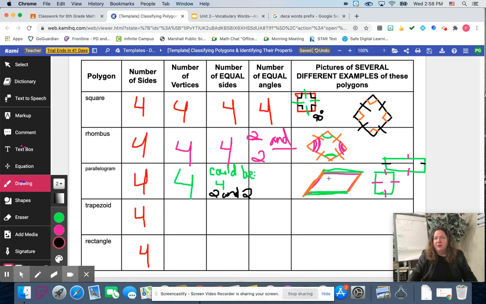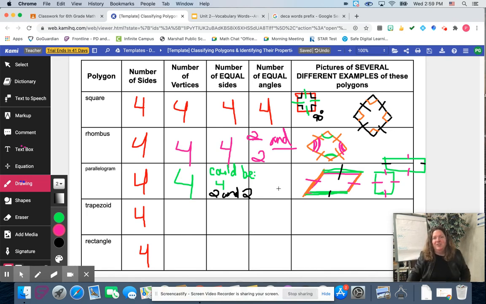What about in this parallelogram? That's not a rectangle or a square. That is equal to that. I'm going to go grab a different color. That is equal to that. So they could be 2 and 2. So a parallelogram could have all 4 sides equal, or it could have 2 equal and 2 more equal.